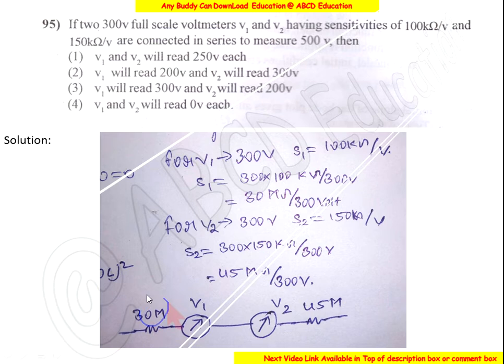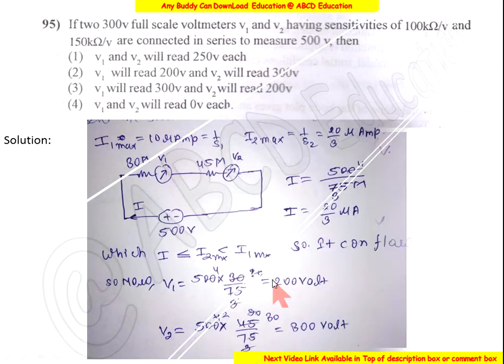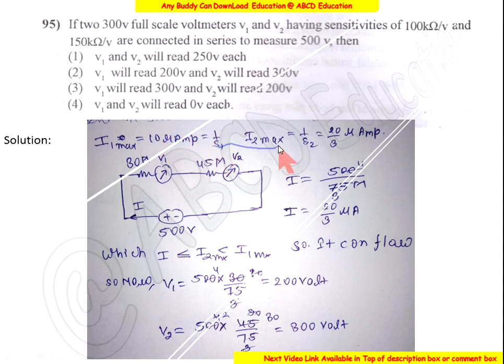So 30 mega ohm is the internal resistance of V1, and 45 mega ohm is the internal resistance of V2. Now the maximum current in the first meter is 10 microampere, which is the inverse of the sensitivity. And I2 equals 1 upon S2, the sensitivity.